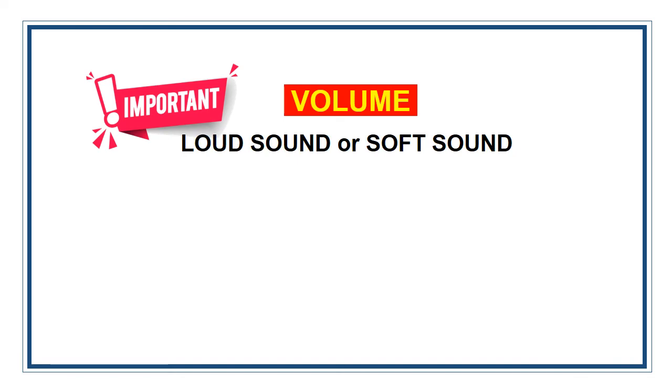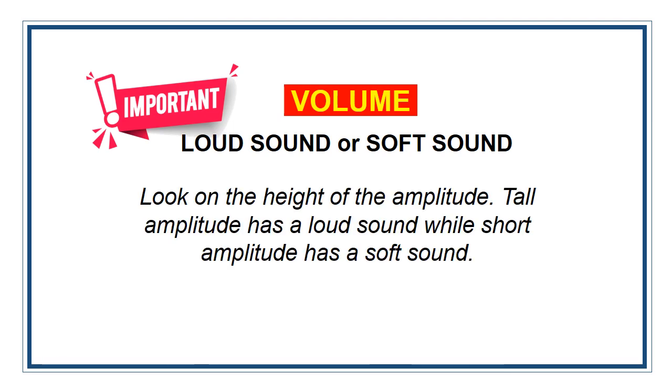And in order for us to identify whether the given sound has a loud sound or a soft sound, you have to look on the height of the amplitude. So tall amplitude or long amplitude has a loud sound, while short amplitude has a soft sound.